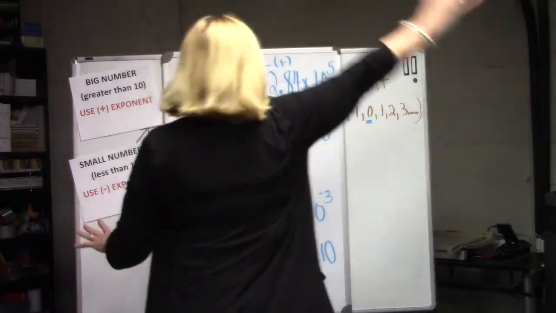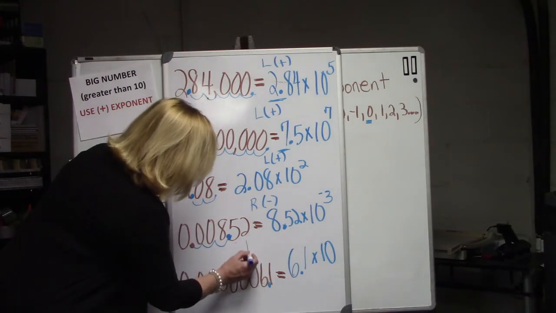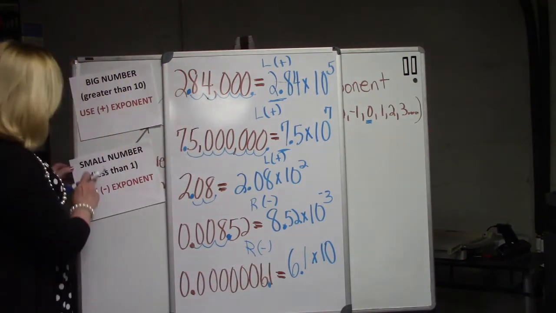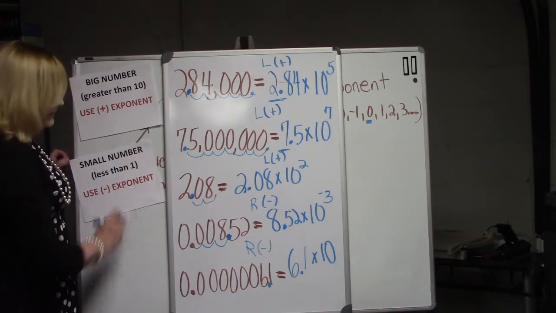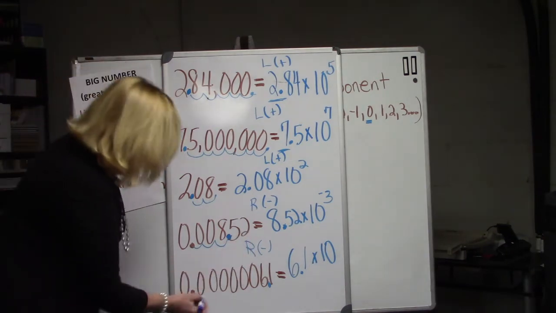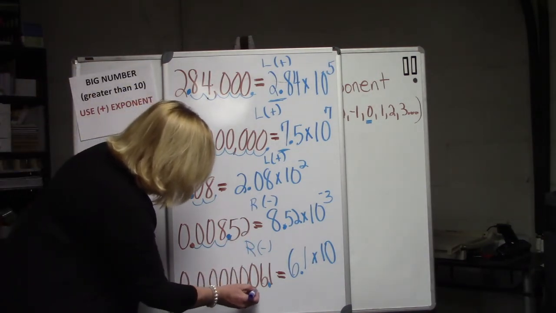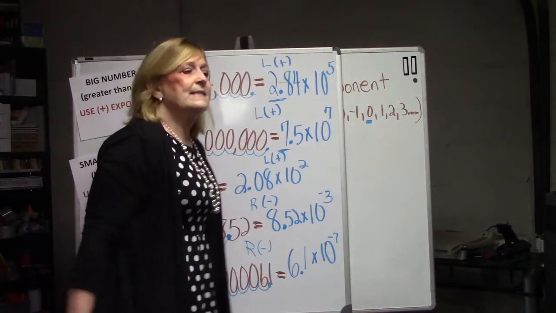I am moving to my right. You see I am moving to my right. So my exponent's going to be negative. I am taking a smaller number, less than 1. So I'm going to use a negative exponent. And how many places did I move? 1, 2, 3, 4, 5, 6, 7. So that is a negative 7.